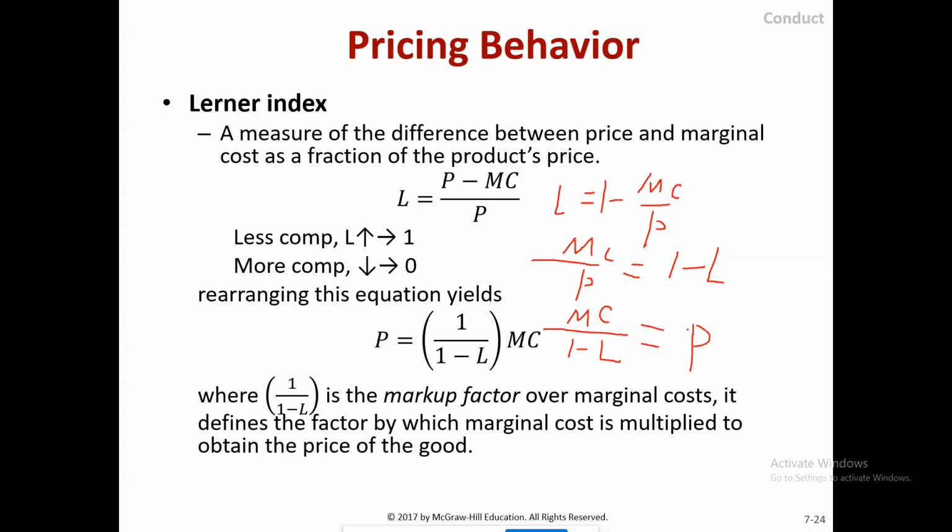We get this: price equals 1 over (1 minus L) multiplied by marginal cost. The inverse of 1 minus the Lerner index is the markup factor over marginal costs. It defines the factor by which marginal cost is multiplied to obtain the price of the good.